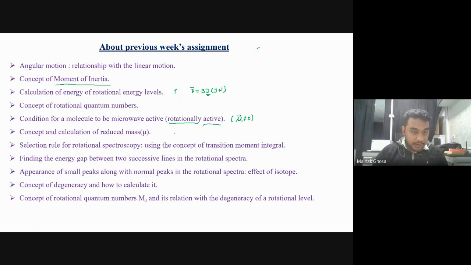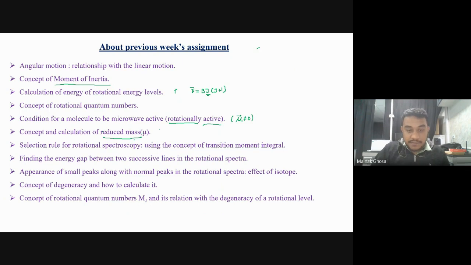And then concept and calculation was done on reduced mass. What is a reduced mass? It was said that a two-body system is approximated as a rigid rotor, that means the bond is fixed between these two atoms and this is rotating. Then it was conceptualized to consider these two bodies as a single body, and to define this single body another mass term is introduced, which is called reduced mass.